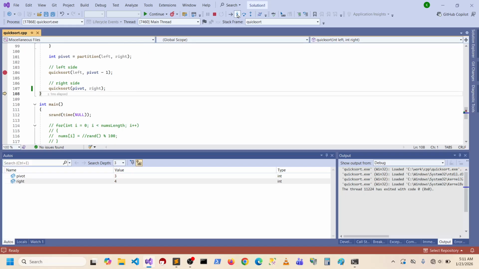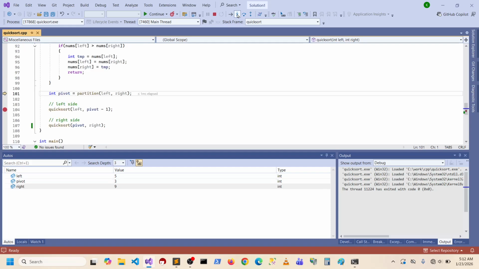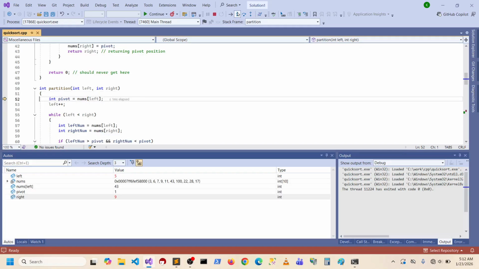There. 5 and 9. So our pivot now is 43. Right.